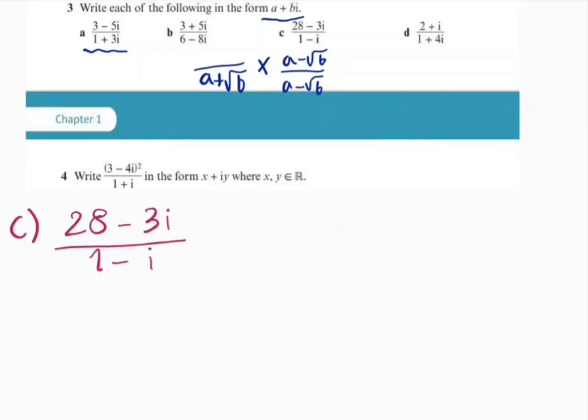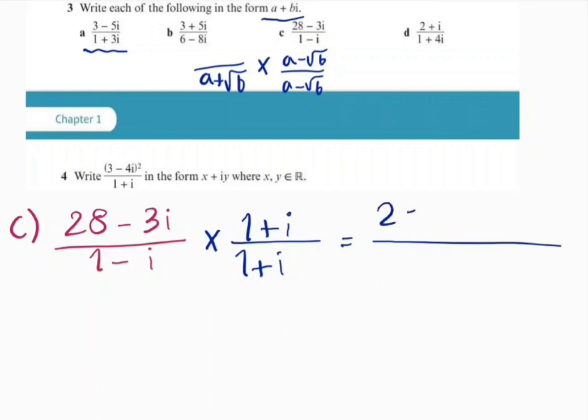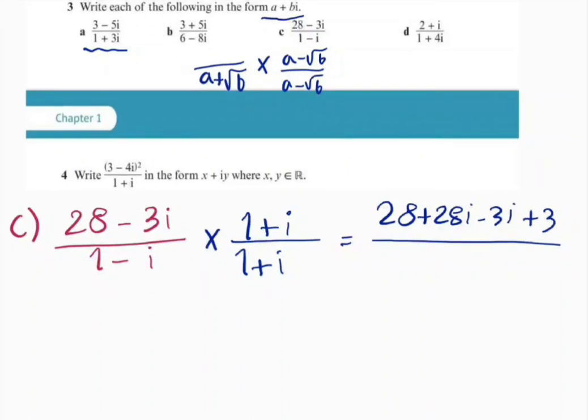In this one, we multiply top and bottom by 1 plus i. So we get 28 plus 28i minus 3i. Then minus 3i squared, which is plus 3. In the denominator, we have 1 plus i minus i squared, which is just 1, because i squared is minus 1, but minus i squared is 1.